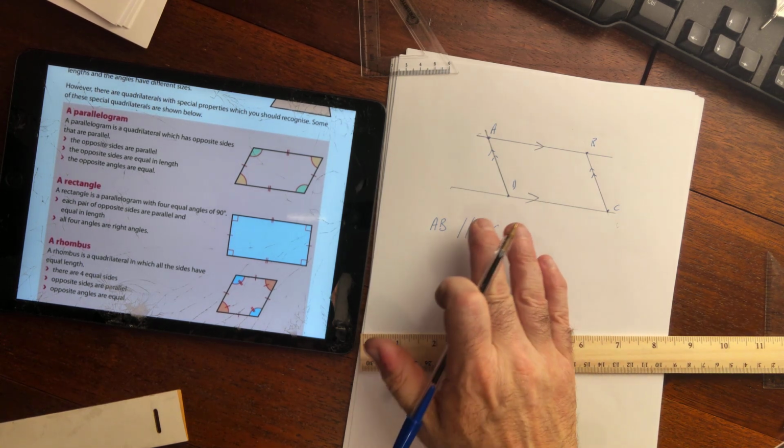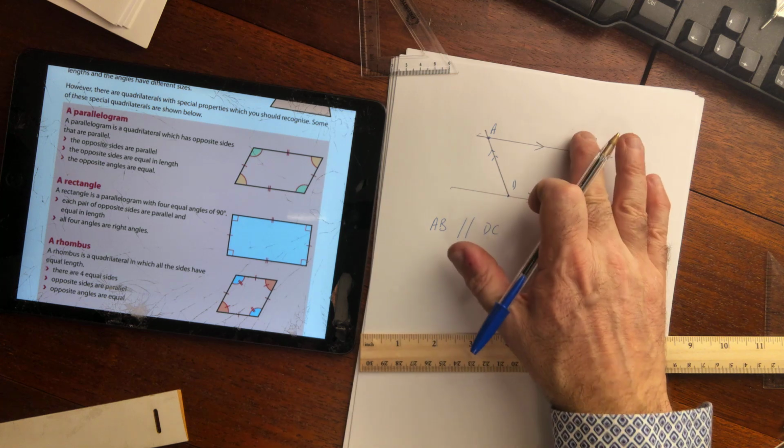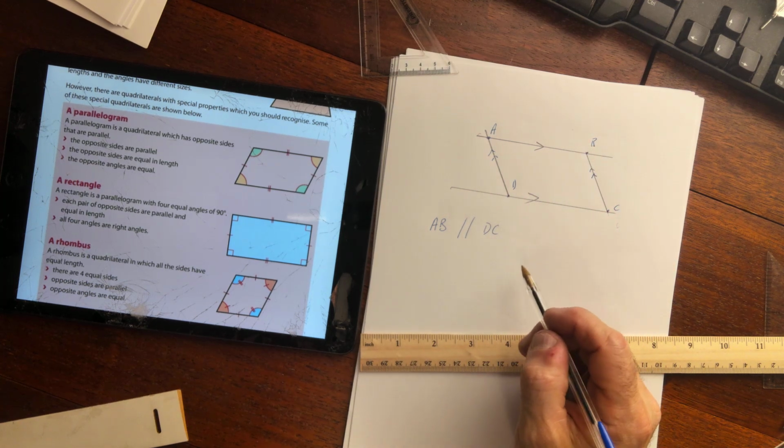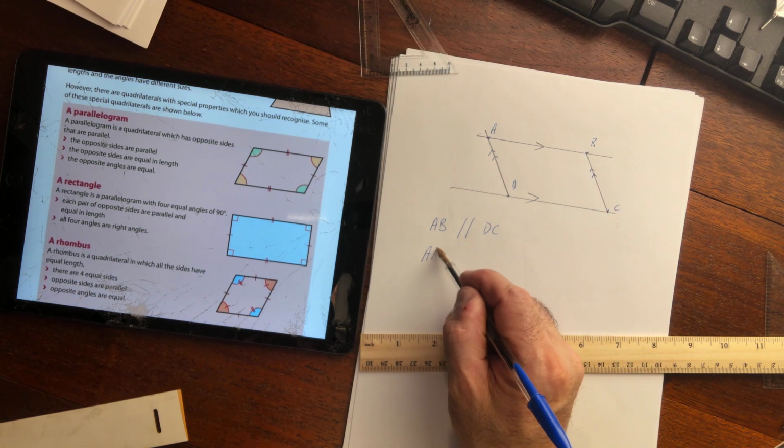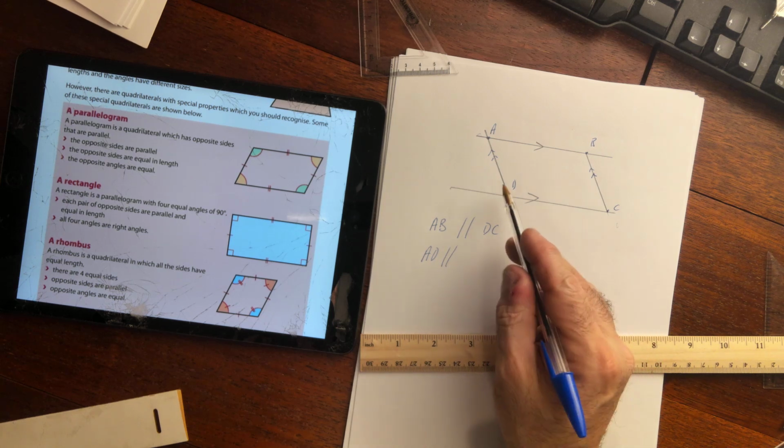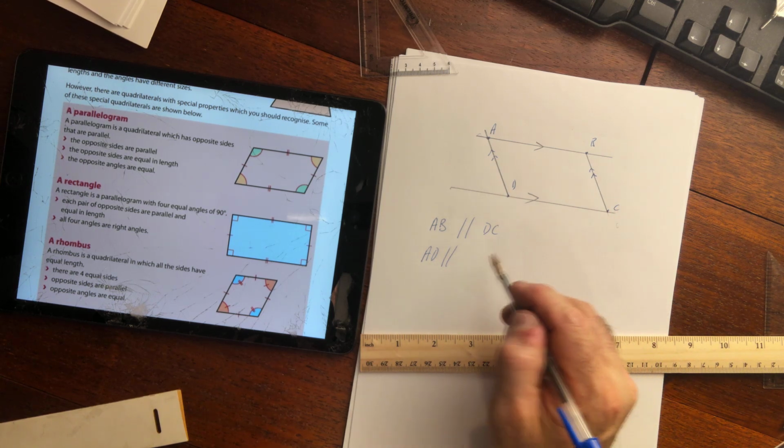Now you try and write the other one, pause the video and say that these are parallel. You would have said that AD is parallel with BC.